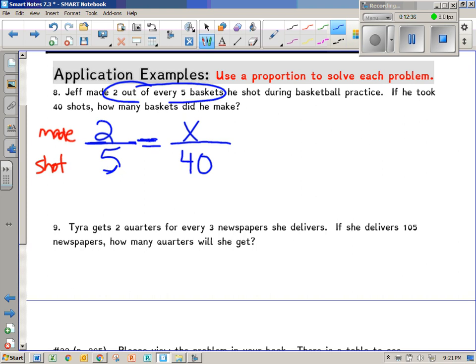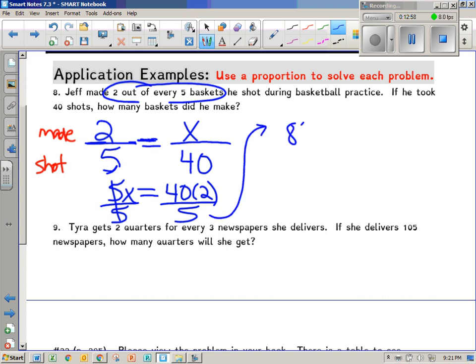So now if we cross multiply, we'll have 5x, 5 times x, 40 times 2, and I can either write 40 times 2, or I could go ahead and just write 80. I prefer it this way because when I divide both sides by 5, 5 goes into 40 8 times, so I'd have 8 times 2, and that is 16.